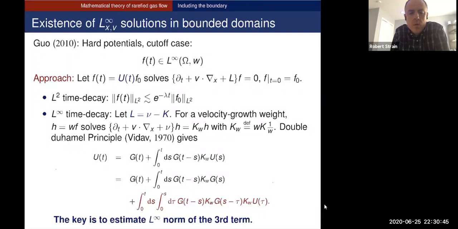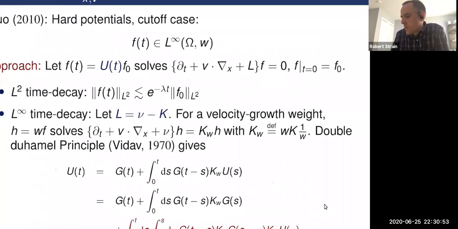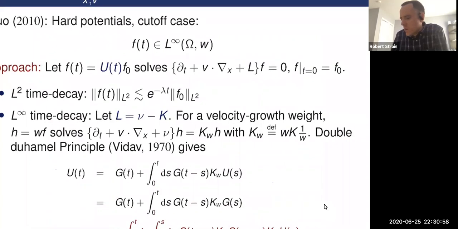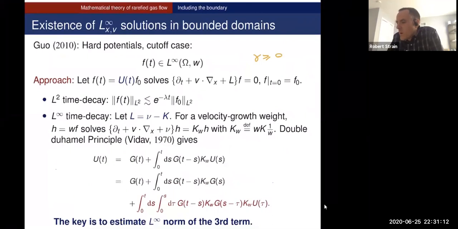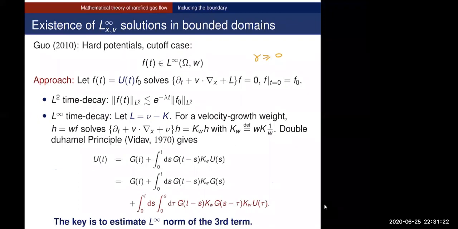So for the case of the Boltzmann equation with hard potentials, so gamma is greater or equal to 0, for hard potentials, in bounded domains, Guo proved the global existence of solutions in an L-infinity framework.